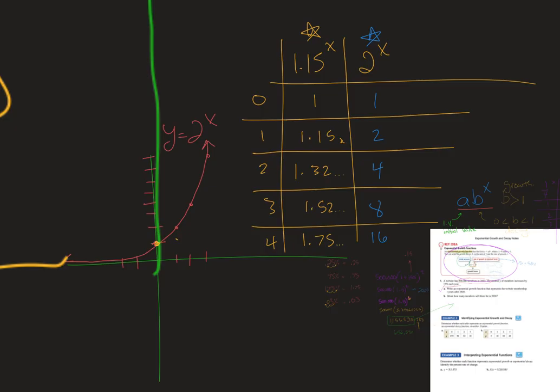At 2, it's 1.32. It's going to feel pretty flat. At 3, it's 1.5. At 4, it's 1.75. In fact, here I'm on Desmos. At 5, we finally get up to 2.01. So here's 5, we're at 2.